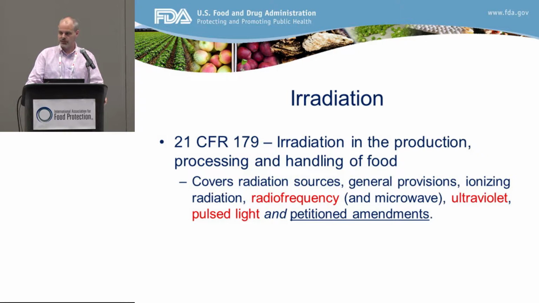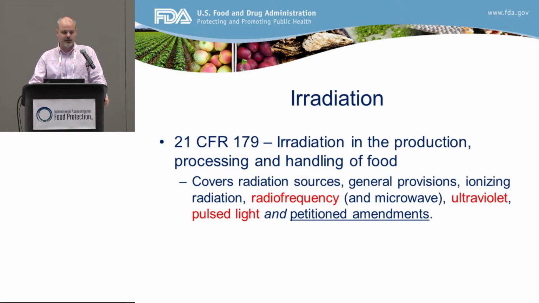And several sources are covered within this regulation, and those include ionizing radiation. Some novel ones that we'll hear about and talk about today are radio frequency, ultraviolet, pulsed light, and then any petitioned amendments that would happen to, if somebody had something else that would be developed in the future.